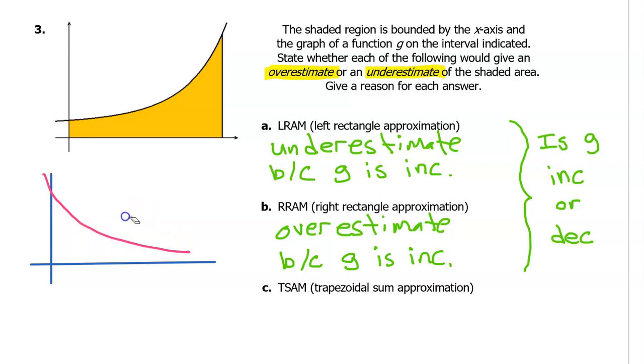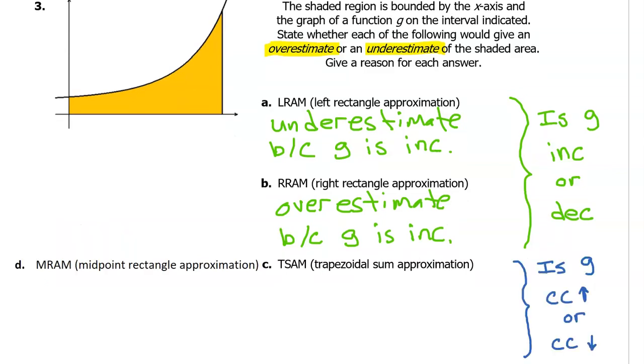And so if we did the right rectangle method, for the increasing graph, we got an overestimate. So you can bet that this time it's going to be an underestimate. So here we go. Right rectangle means the right edge of the rectangle is touching, and as you can see, we have an underestimate in this case.